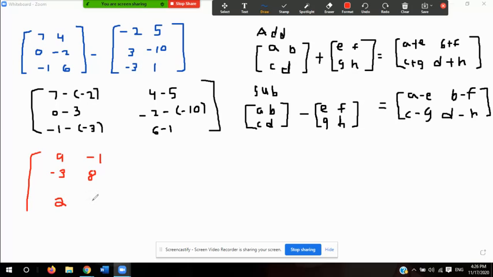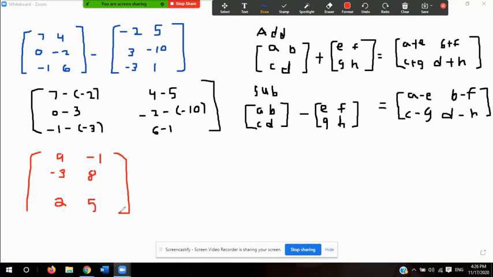And of course, 6 minus 1 is 5. So that means that the resulting matrix is 9, -1, -3, and 8, and 2 and 5.